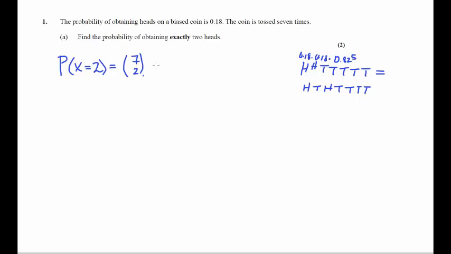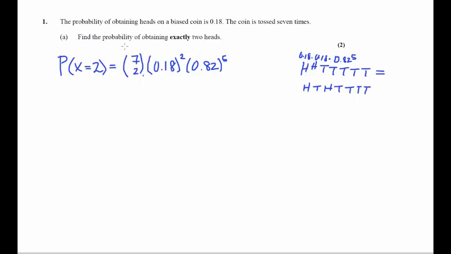So that's what we're writing next: the probability of what it is that we want, a head, is 0.18, and that's going to happen twice, and so we multiply it to the 2nd power. And then we need it not to happen 5 times, and that is 0.82 of a chance 5 times.